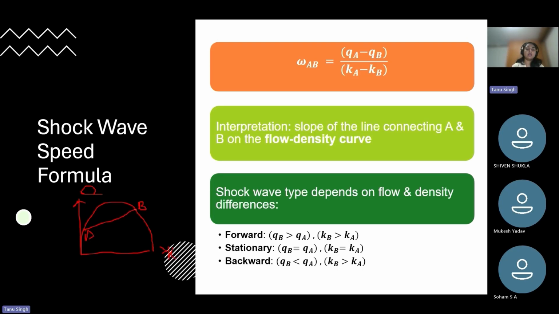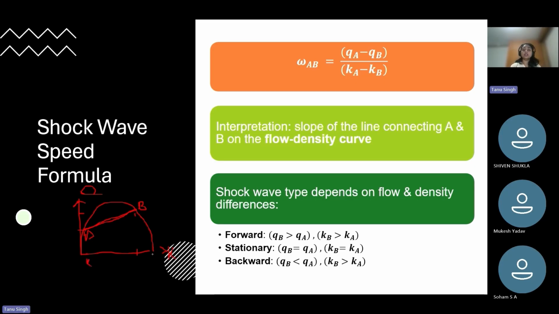So the slope of this line is termed the shock wave speed and it is calculated as the change in flow, whatever flow will be at QB, for example, this is QB and this is QA, divided by whatever is the difference of the density at KB and KA.